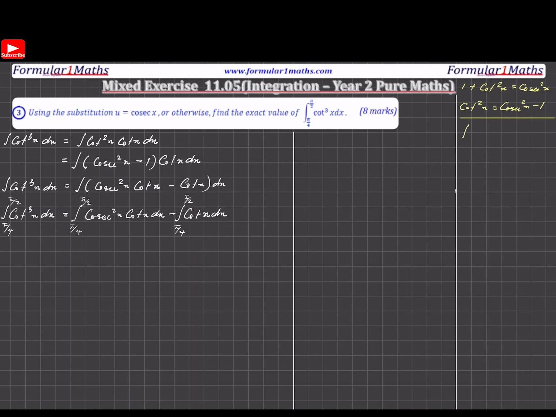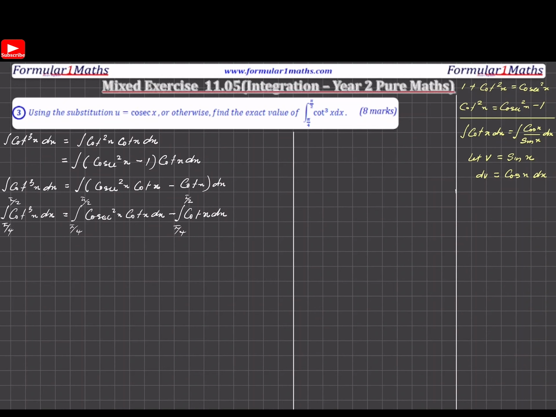So, integral of cot x dx can be written as integral of cos x over sin x dx. Then let v equal sin x. In that case, dv will be equal to cos x dx.